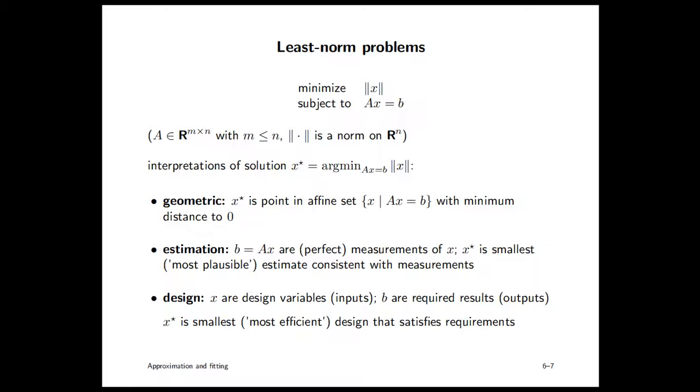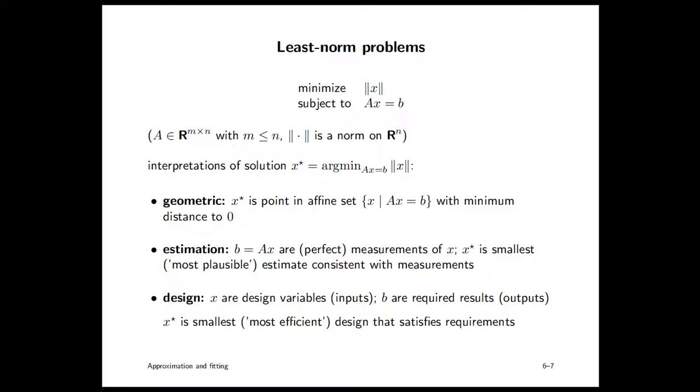In the estimation interpretation, we assume that x is a vector of the parameters to be estimated. So the least norm problem is to choose the estimate of the parameter vector x.